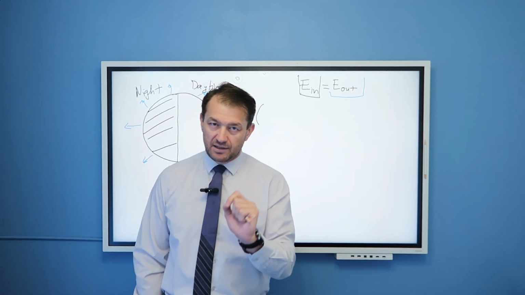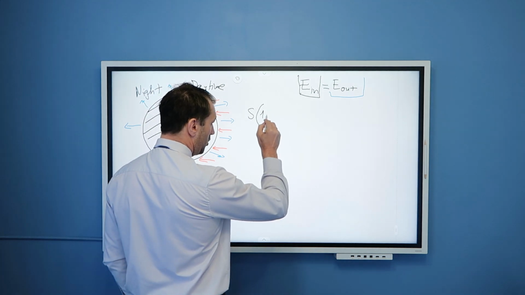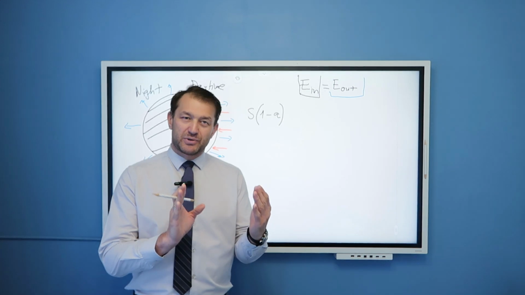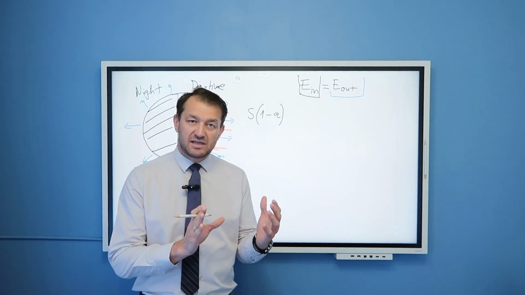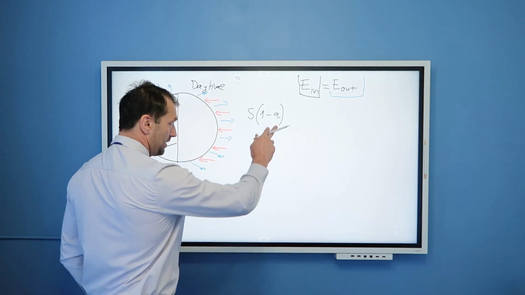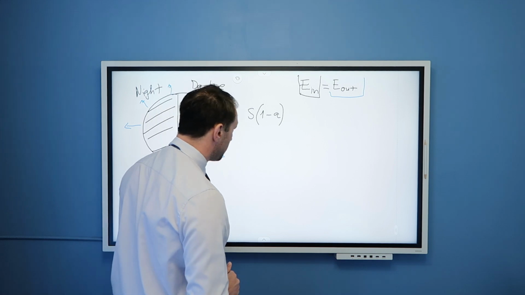And I discussed that in great detail in one of my previous videos. You remember that is called albedo. Approximately 30% of energy that our planet receives is immediately reflected back to the space. So we do not absorb 100% of solar radiation.